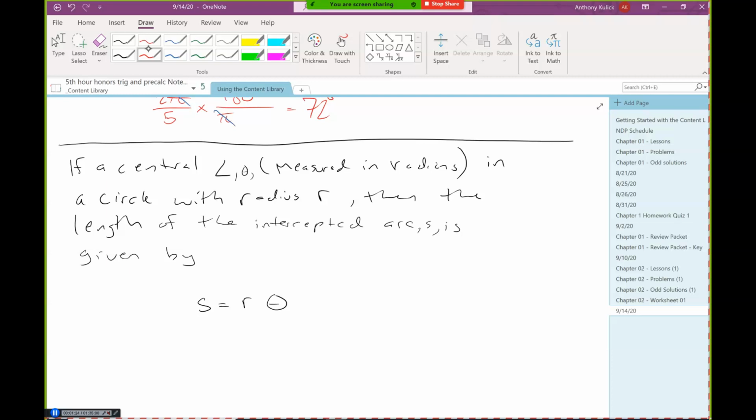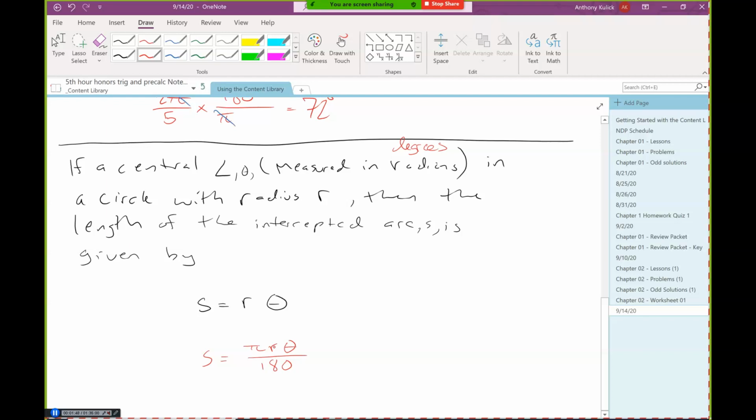The alternate version here is if this is degrees, then what has to happen? We'll convert back to radians, which means that I multiply it by pi over 180.